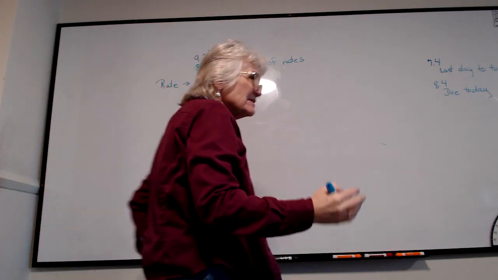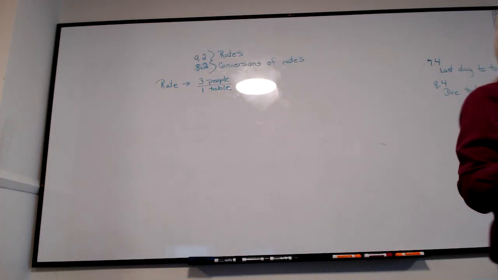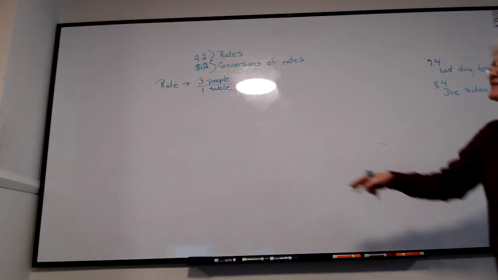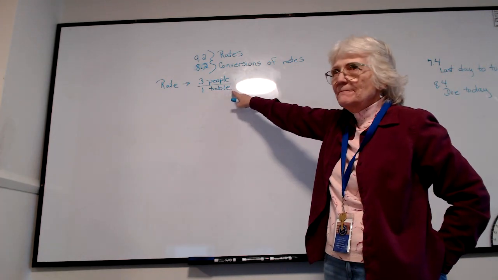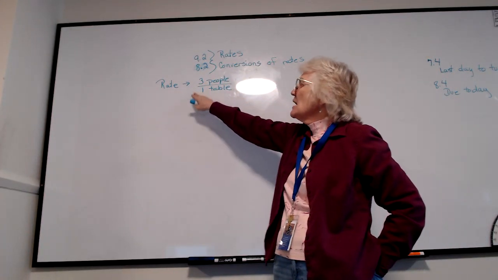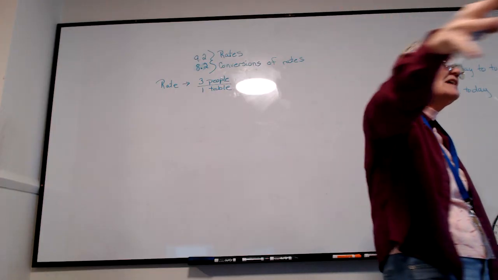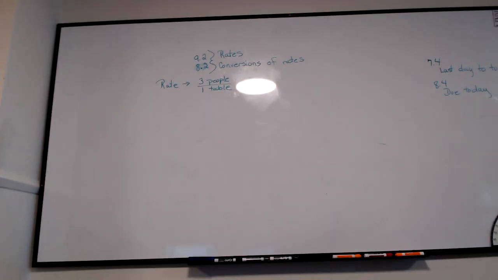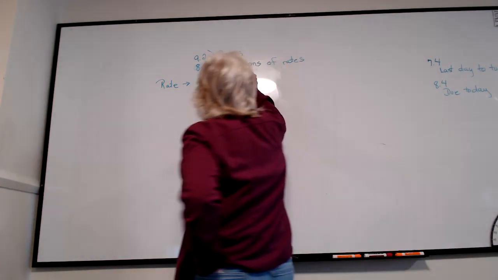Okay, so it's a ratio, but notice that the units are different. It's 3 people at 1 table. In this class, it would be 4 people at 1 table. That's what we have possibilities for seating. Okay, that's a rate. In a rate, the units are different.